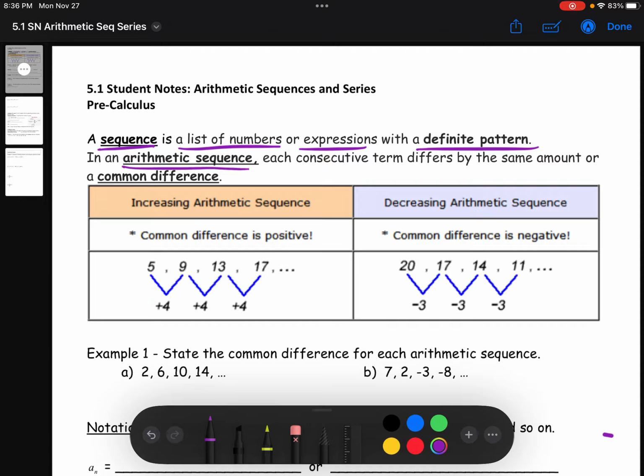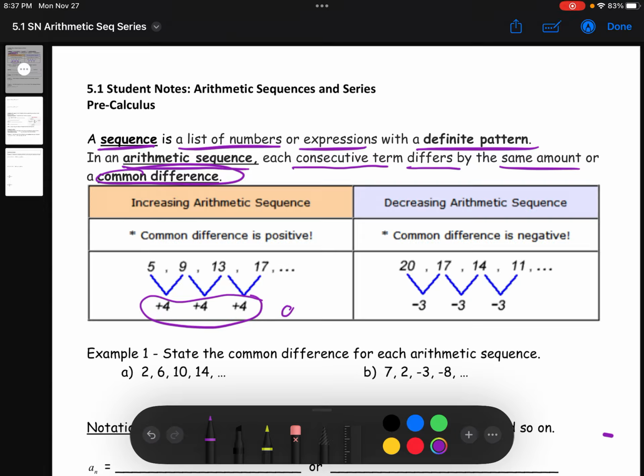An arithmetic sequence, that pattern is that each consecutive term differs by the same amount, which we call the common difference. So in an arithmetic sequence, each term is found by adding or subtracting the same value over and over again. So we look at these two examples here. The one on the left, 5, 9, 13, 17, we notice we are adding 4 every time.